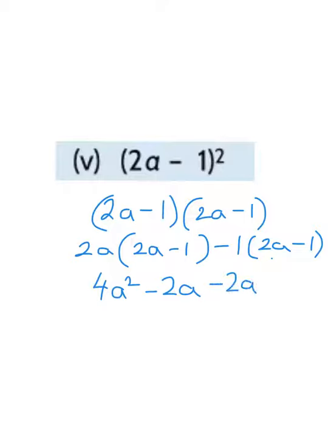And minus 1 by minus 1 gives me a plus 1. Simplifying, we get 4a squared minus 2a and minus 2a will give me minus 4a. Remember, we're subtracting them, not multiplying them. And we're left with plus 1.